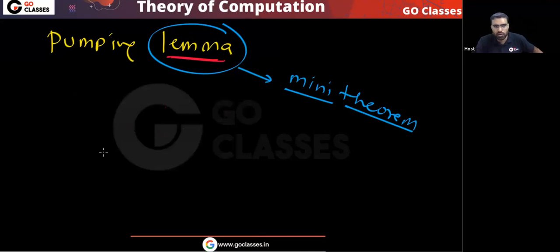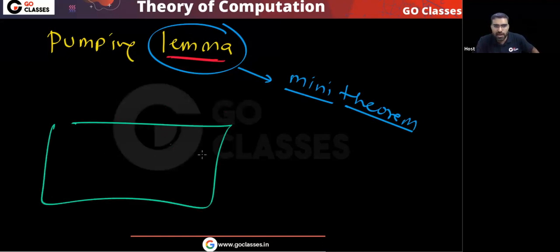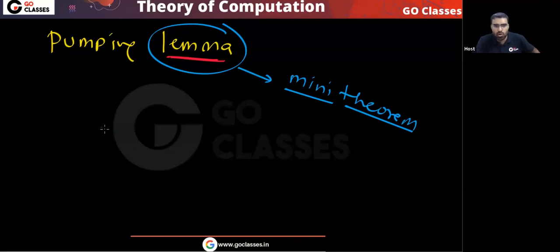Actually, there is no clear difference between theorem and lemma. I told you, yes or no? For example, in an interview, if they ask you what is the difference between lemma and theorem, then you cannot say anything. Because in mathematics, there is no clear difference between lemma and theorem.